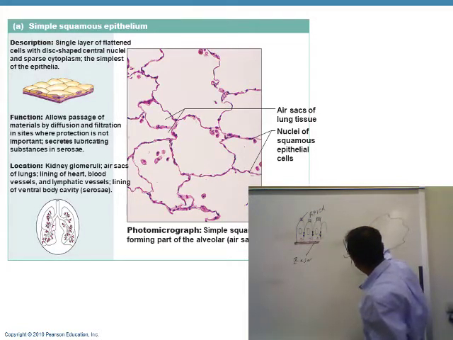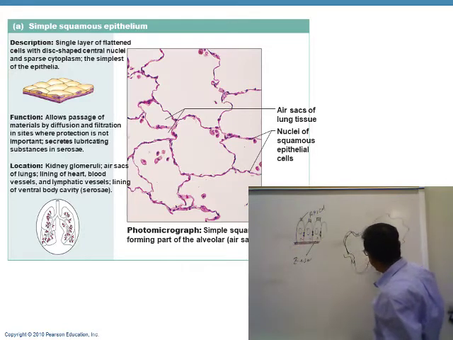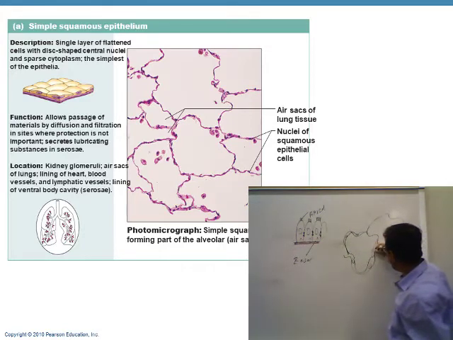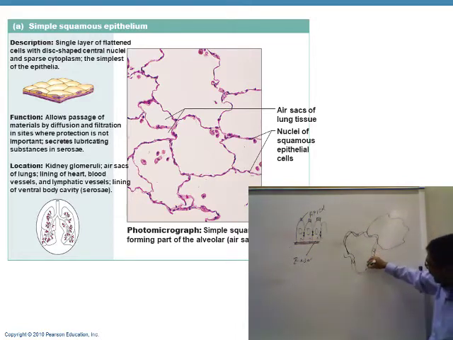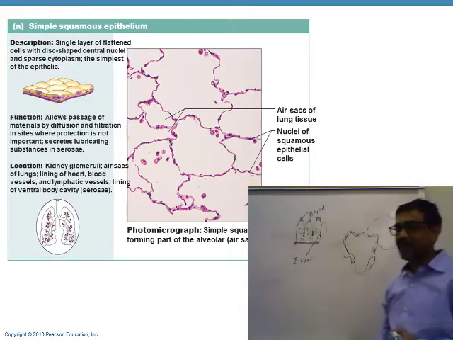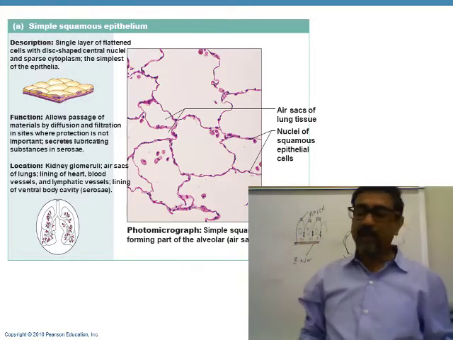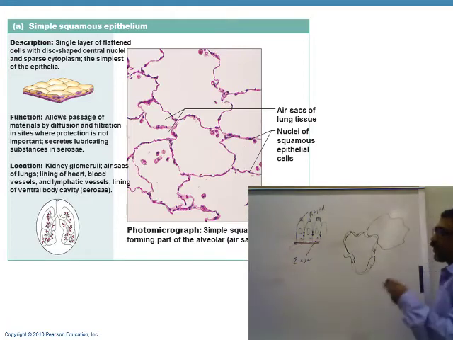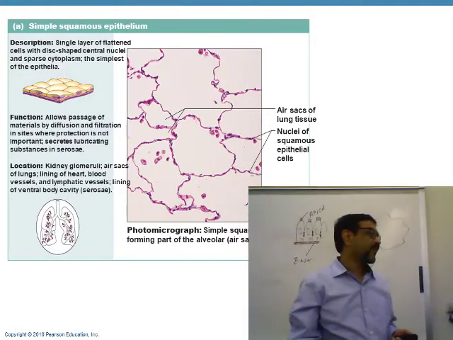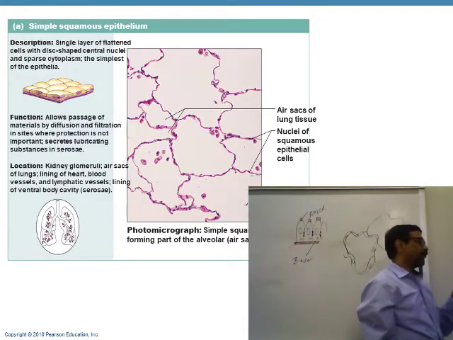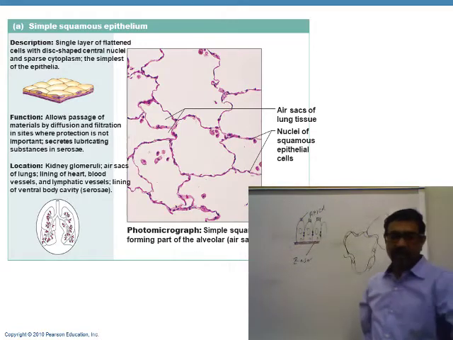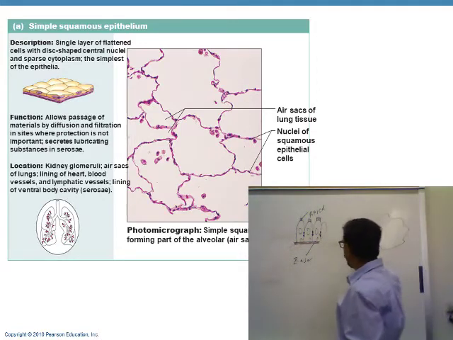This is another squamous cell. This is another squamous cell, like this, from the wall of the alveoli, for example. So that's why this is called a simple squamous epithelial tissue. Where you will find simple squamous epithelial tissue: alveoli, which is also called air sac.